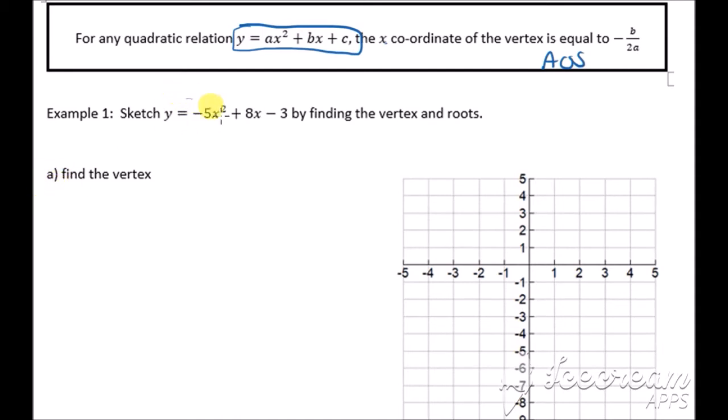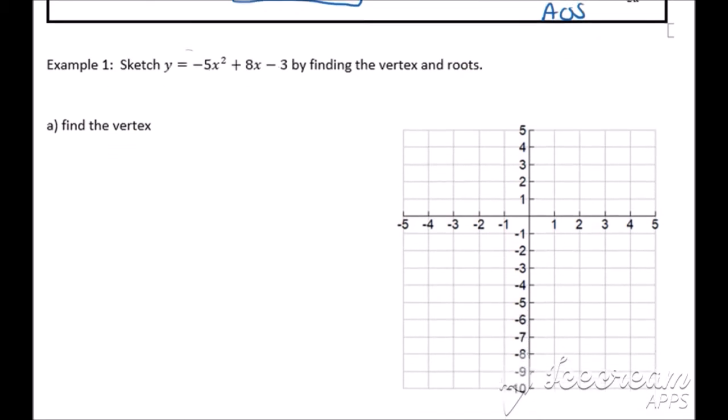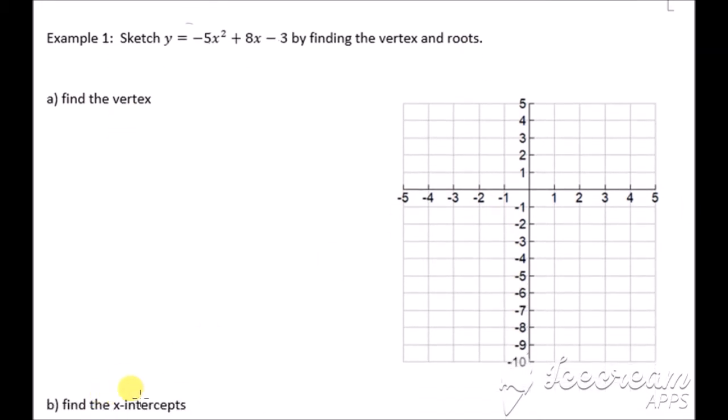I can't think of two numbers that multiply to 15 and add to 8. Okay, so let's first find the vertex, and then I'll scroll down and we'll find the x-intercepts using the quadratic formula.